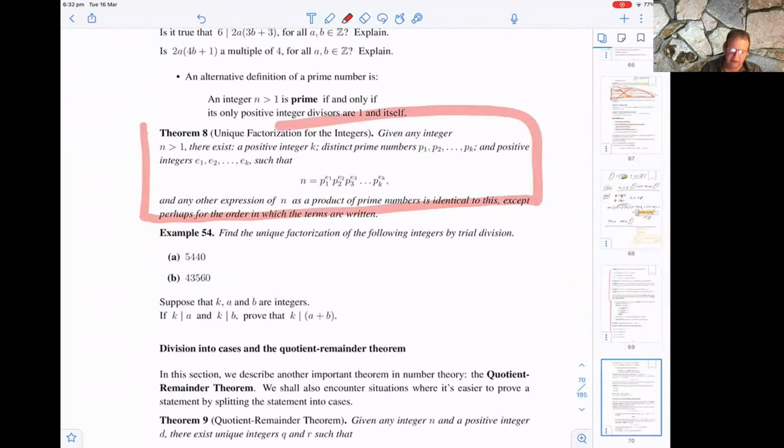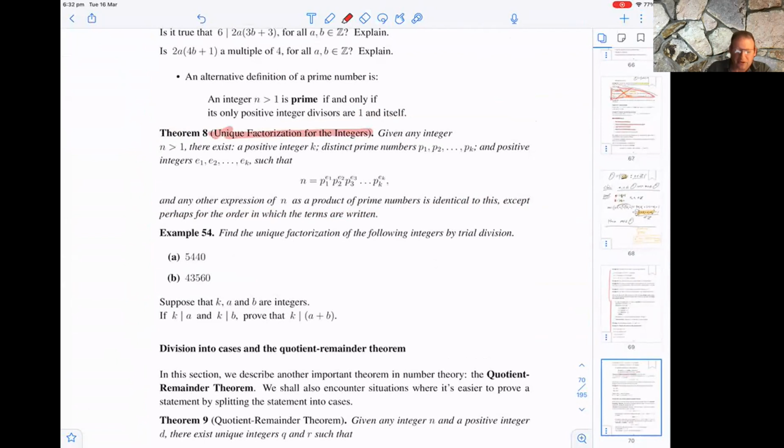Something that you can't go without speaking about is unique factorization for integers. When you have any integer greater than 1, you can always represent it as a product of prime factors.